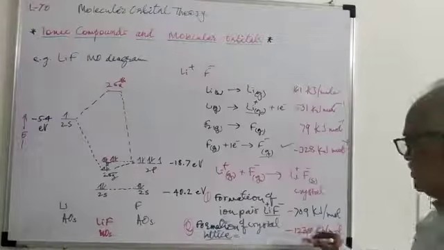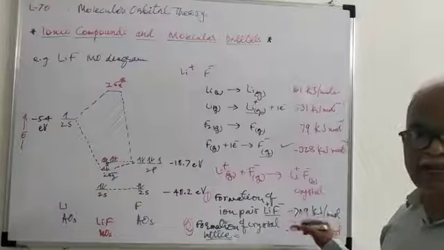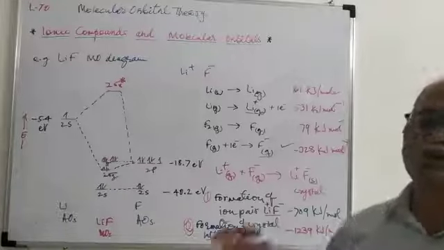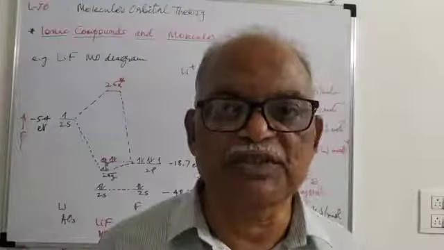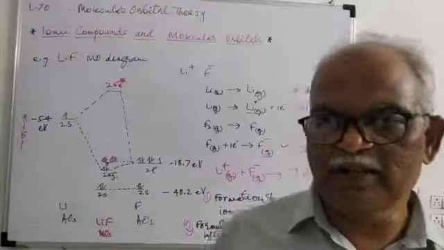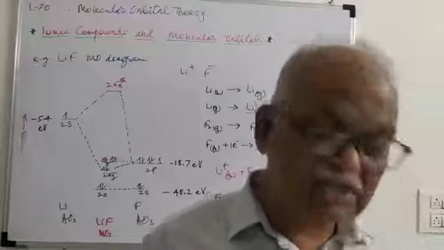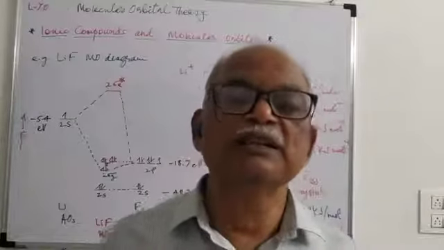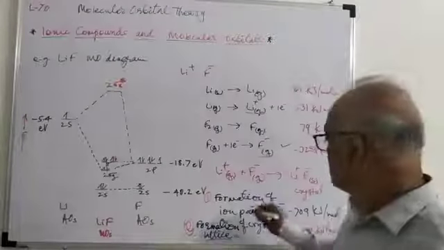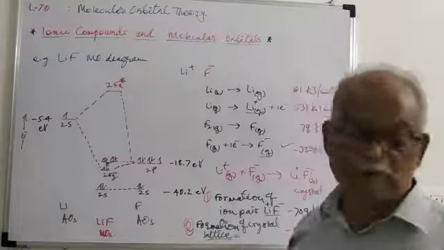These enthalpy change values are so large that they can easily overcome the endothermic processes, meaning whatever energy is required for carrying out the formation of the ion pair and lattice. These are easily overcome by the energy released as a result of formation of the ion pair and formation of the crystal lattice.